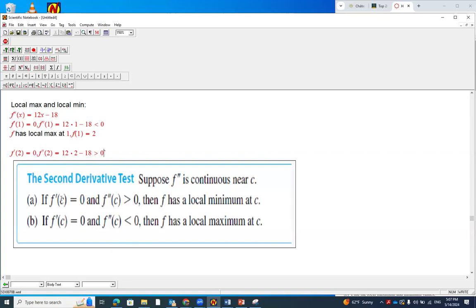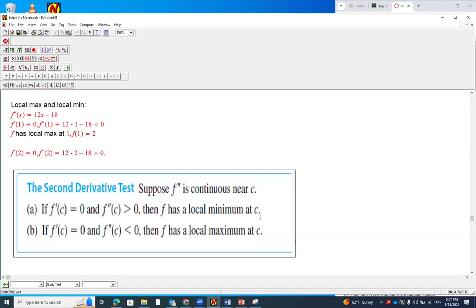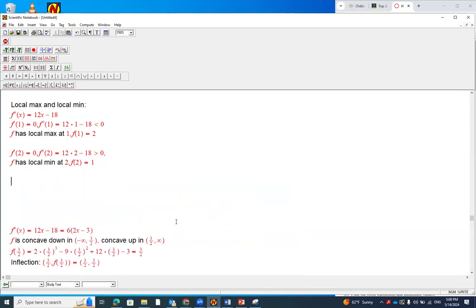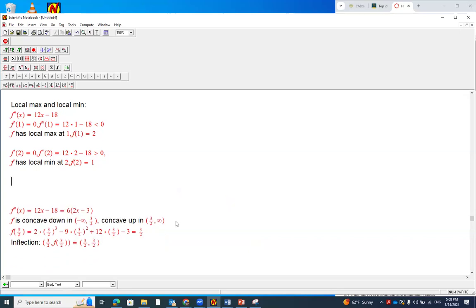So second derivative test part A applies, right? Then you're going to tell the reader, hey, f has a local minimum at 2. And of course, we already calculated, just plug in, f of 2 is equal to 1. You're done.